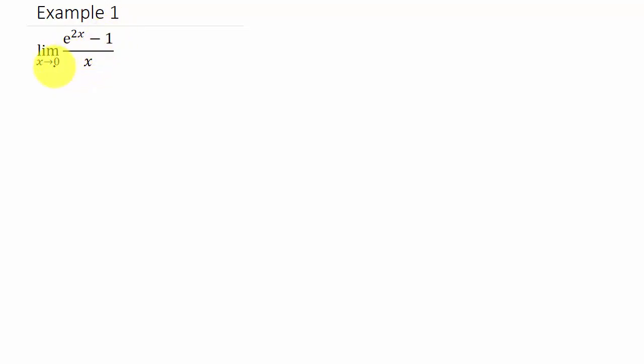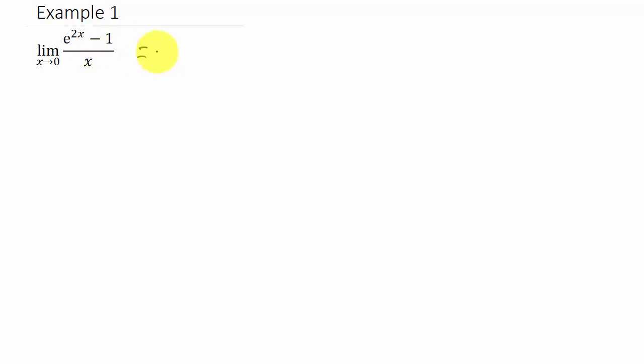Now you can see if we plug 0 in, well, e to the 2 times 0, that's just e to the 0, which is 1, and 1 minus 1 is 0, and then if we plug 0 in here, we get 0, so we have 0 over 0.